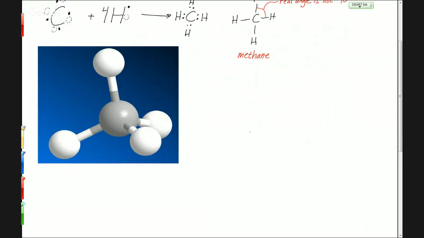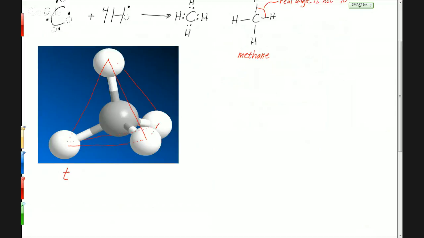If we connect those corners like this, if you imagine those corners connected like that, that is a specific shape called a tetrahedron.